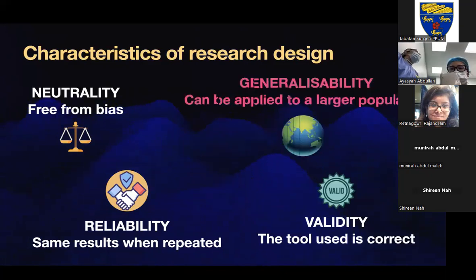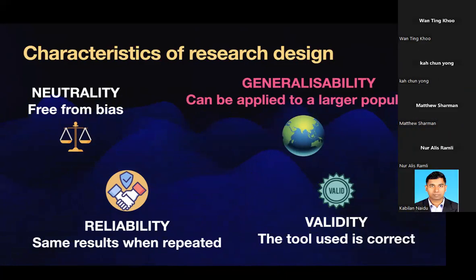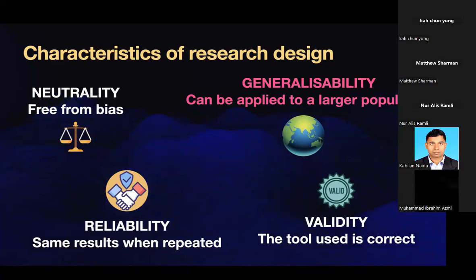And finally, generalizability means that your study and your results can be applied to a larger population. Now, I put this in red because this is not always possible, especially in rare diseases, or for example rare mutations or rare presentations, where you may not be able to generalize your results. But by and large, in most studies, there should be some kind of generalizability to a larger population, okay?